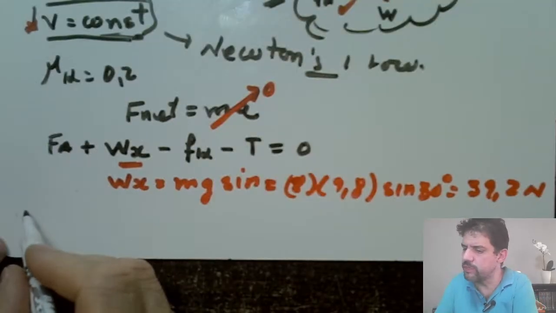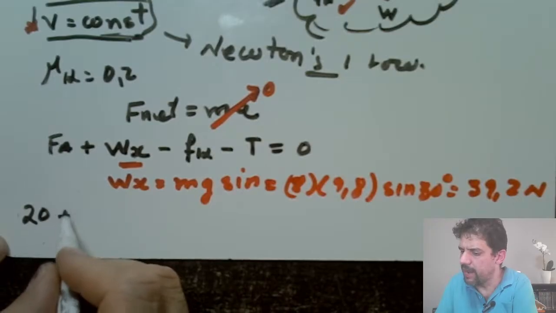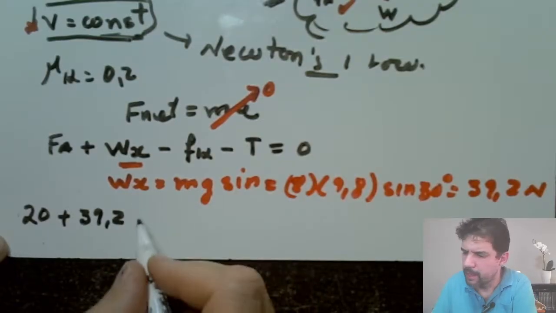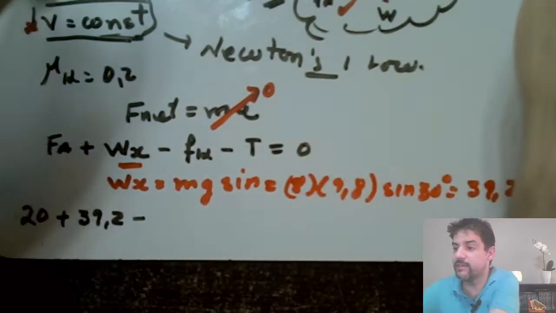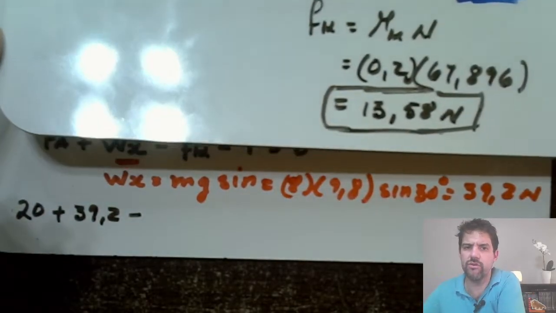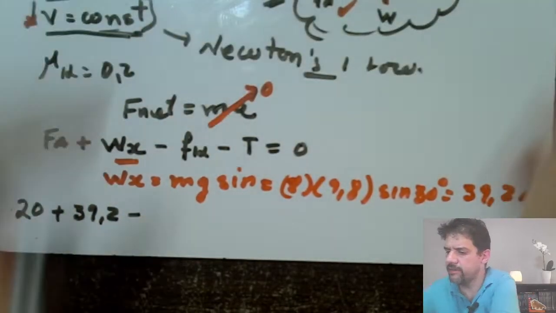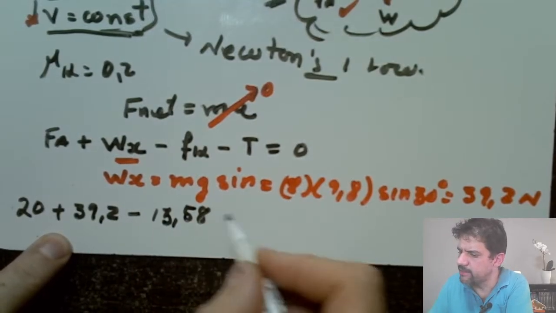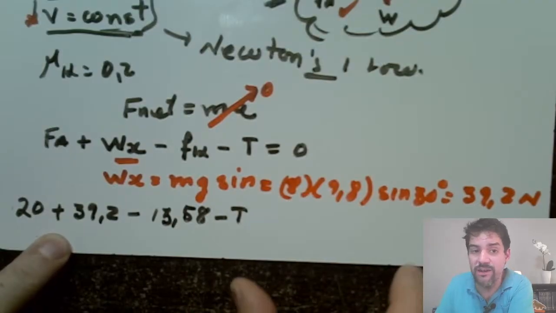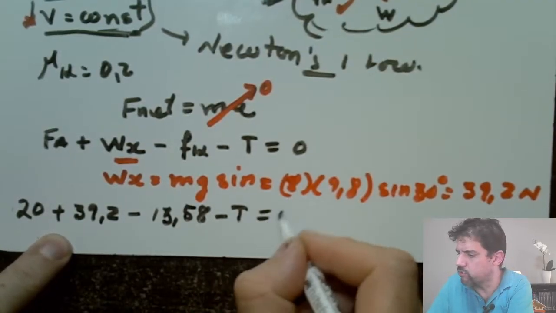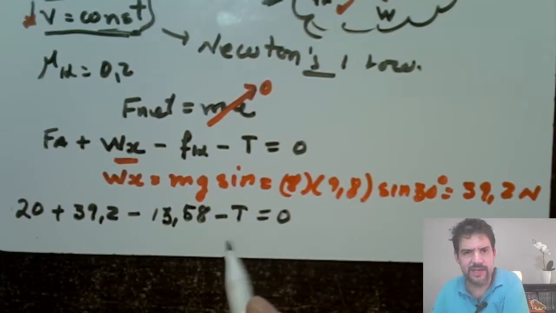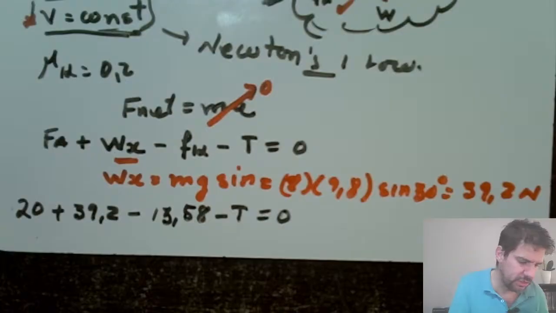The applied force is 20 Newton positive, plus weight is 39.2, minus the frictional force we calculated in the previous calculation question, 13.58, minus T. You are looking for T, and this is equal to 0. The rearranging is quite simple here. You can move T to the other side, and it becomes positive.